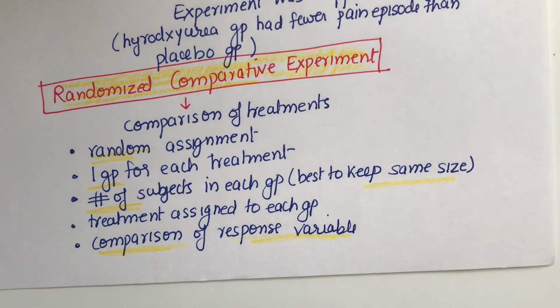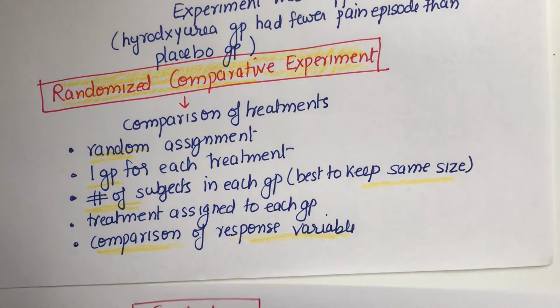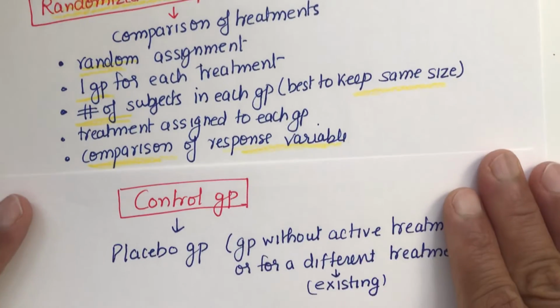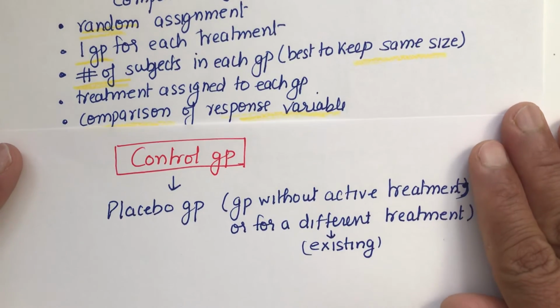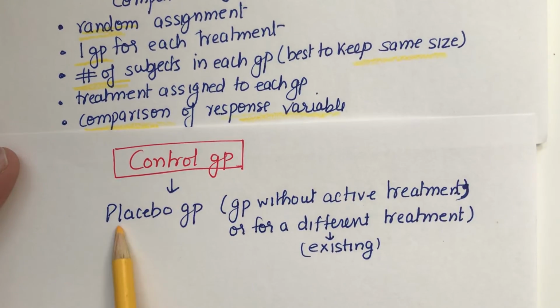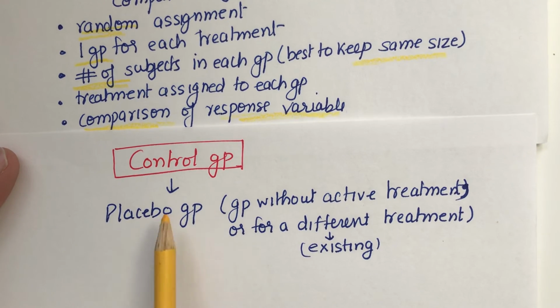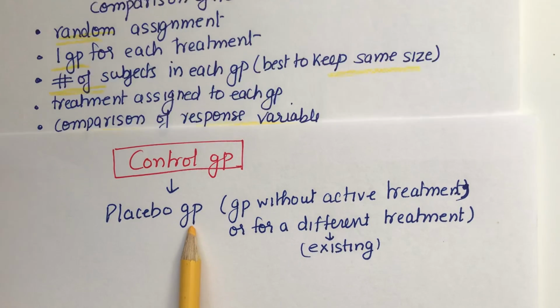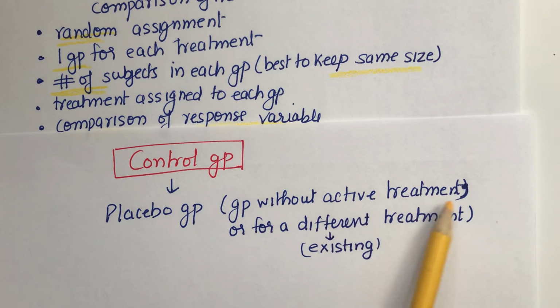All right. After that, we have the last definition in this part of example 3.3: control group. The control group is basically a placebo group, a group without active treatment or with a different treatment.